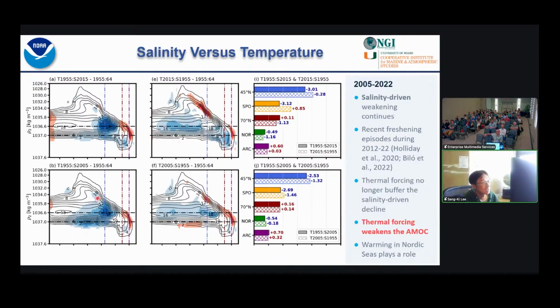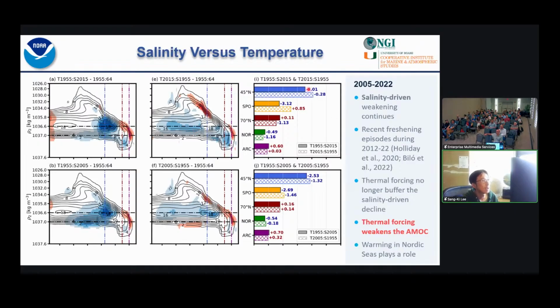This is also consistent with the recent freshening episode reported in recent studies during 2012 to 22. But more importantly, a very interesting result is that the thermal forcing no longer buffers the salinity-driven decline. It actually works along with it to weaken the AMOC.